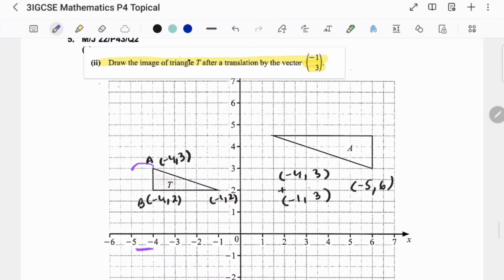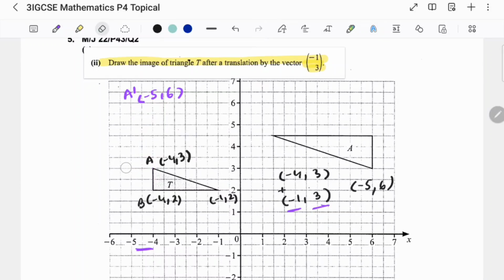So this is we'll have to move -1 we did, and then move up 3 more boxes. 3 more boxes doesn't mean 3 more numbers. So that is 1, and then 2, and then 3. Did you see that we have moved to the same number, which is -5 and 6? So that's the image of this point.